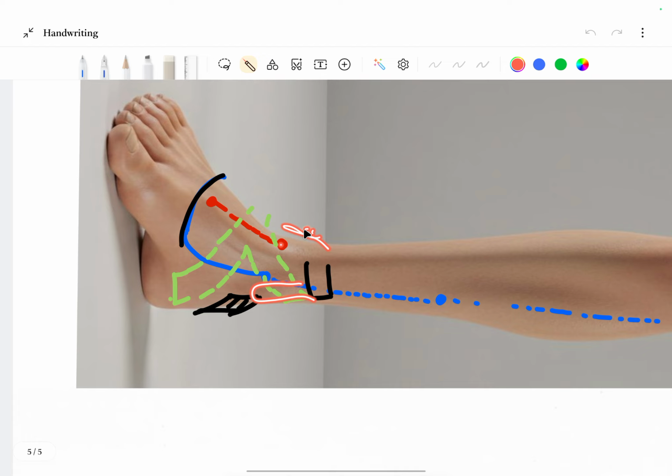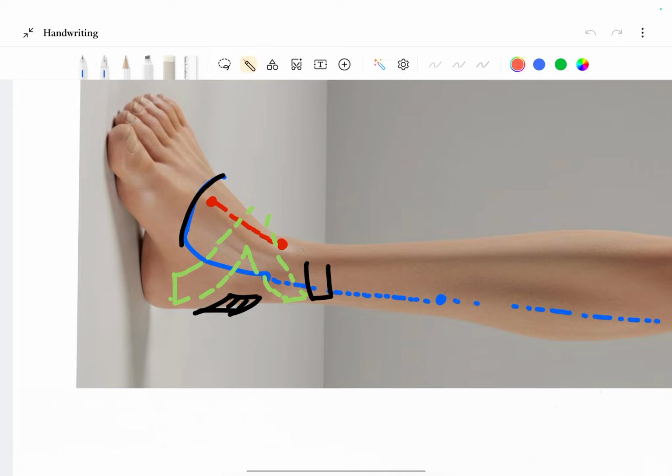The midpoint of the distance between the medial and the lateral malleolus will be your first point for the dorsalis pedis artery. Then the point between the first intermetatarsal space will be your second point, and this will be your dorsalis pedis artery.